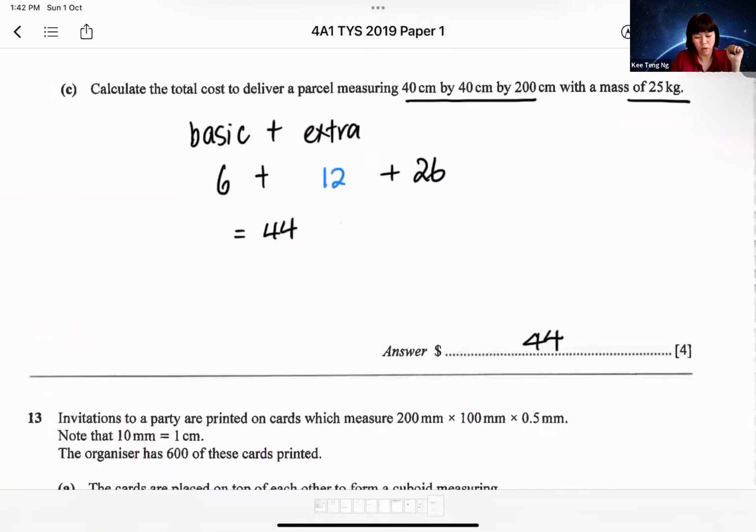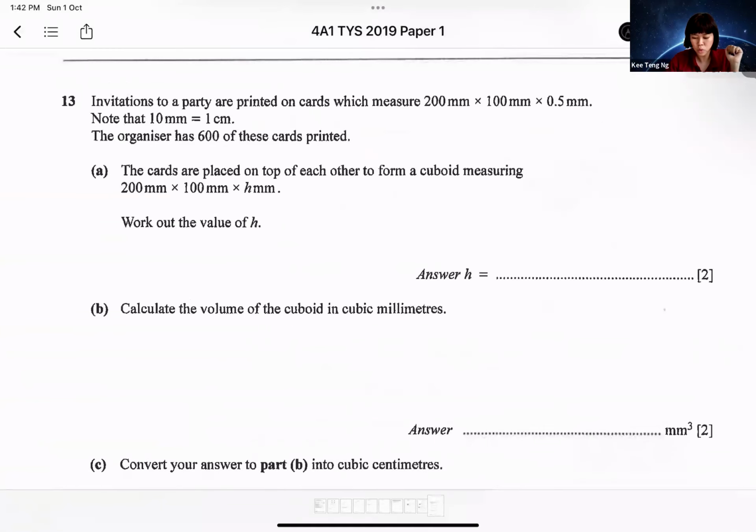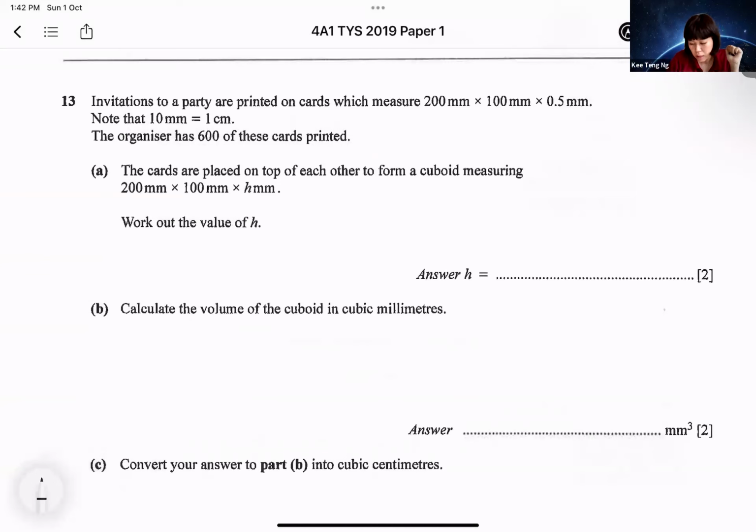Next question now. Invitation party cards are printed on cards which measure 200 mm by 100 mm by 0.5 mm thickness. So if I look at it, this is my card with a little bit of height, one small piece. So this is actually a cuboid: length, breadth, height.